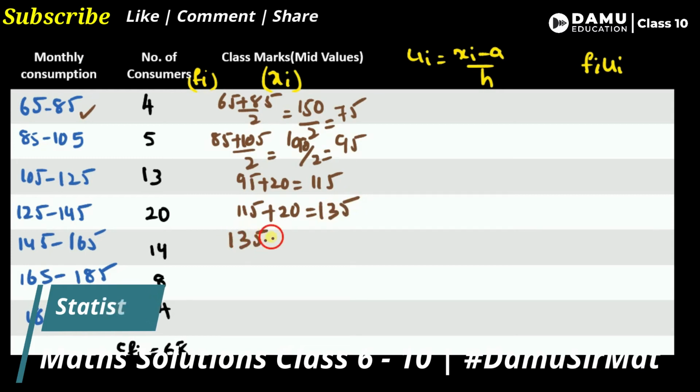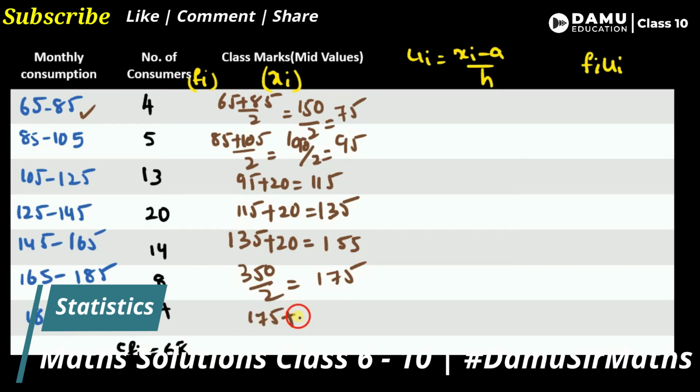Then 135 plus 20 gives 155. Then 165 plus 185 gives 350, by 2 gives exactly 175. Is that the correct answer? Yes, we get 175. Then 175 plus 20 gives 195. So these are the middle values.